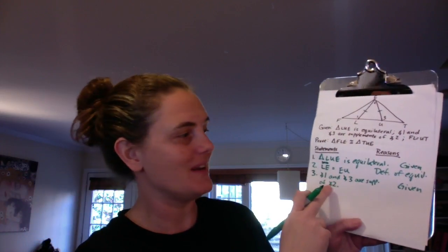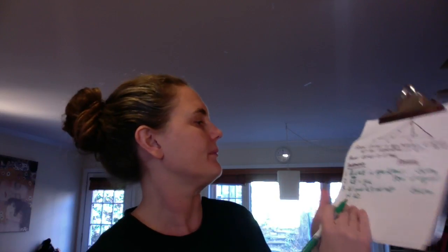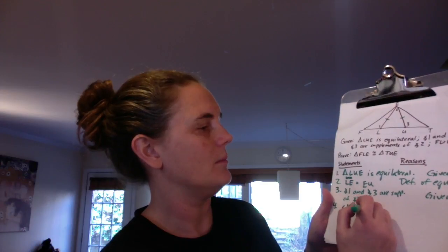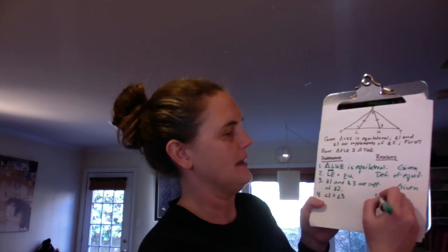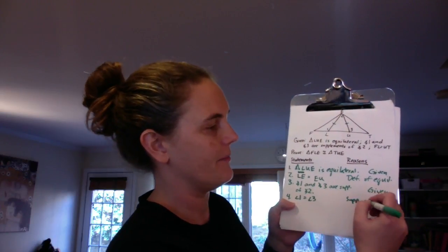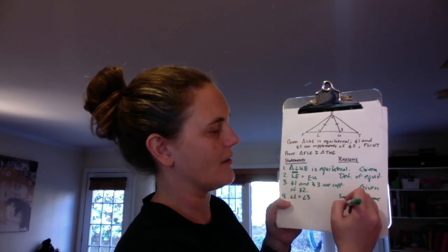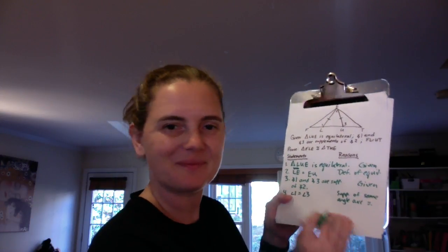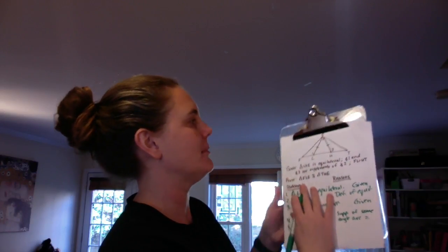So these two are both supplements of angle 2. That means they must be equal. And that's because of the theorem that states that supplements of the same angle are equal. Beautiful.